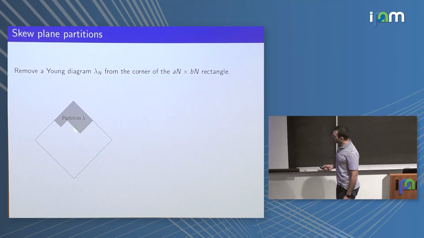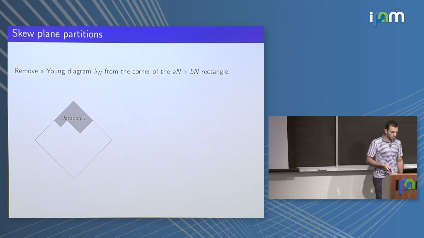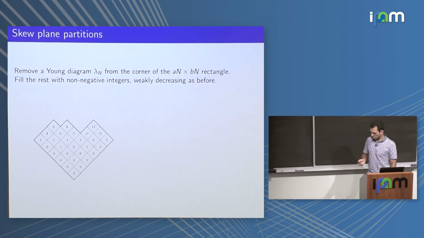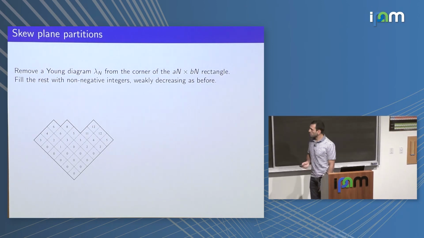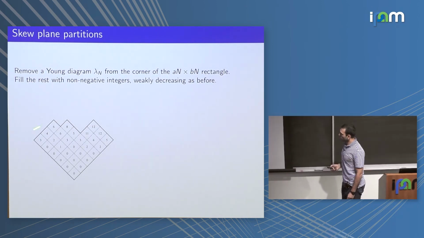So you get skew plane partitions if you basically take a Young diagram, a staircase shape, and just cut it out from the corner of the room, and then do the same thing. Put non-negative integers in the rest of your rectangle, which again have the weakly decreasing property.